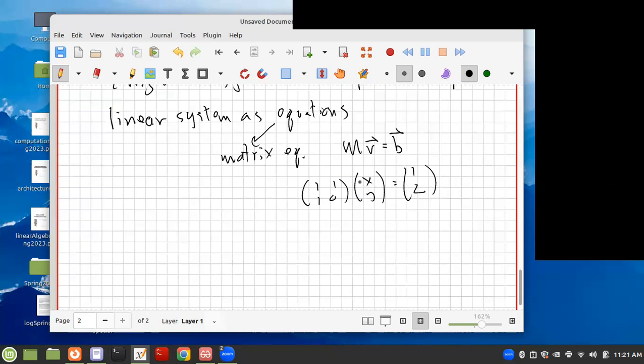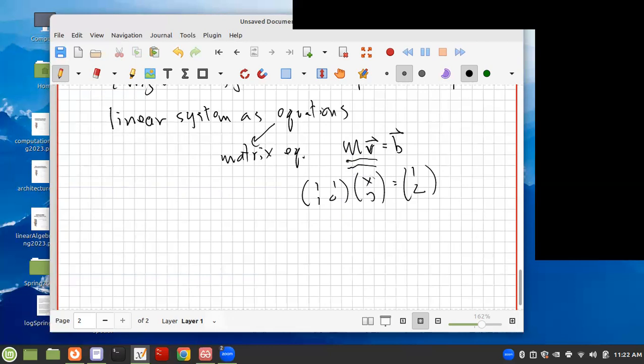It takes any vector in the space and maps it. If you put in different x and y's, every vector gets mapped to some other vector. The multiplication of a matrix onto a vector gives another vector in a vector space.